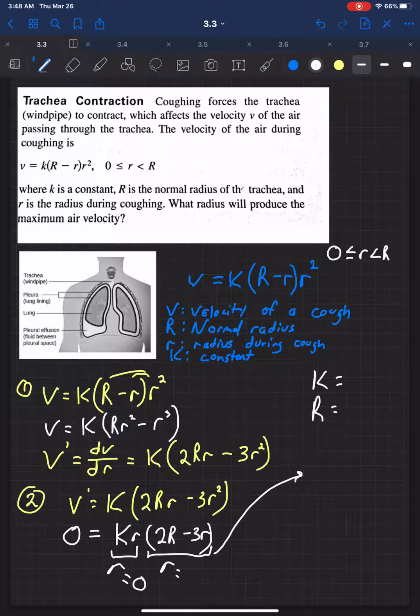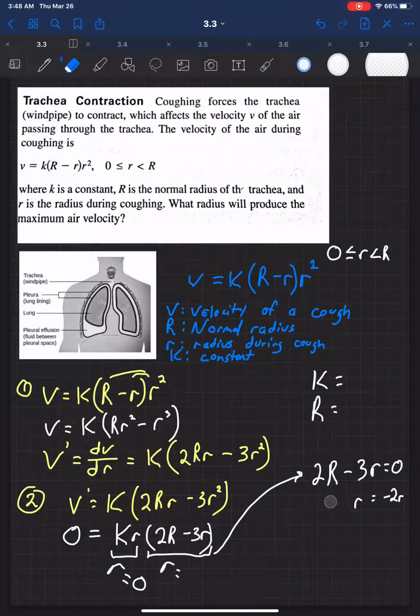Many of you can do that in your head, but I'm going to come off to the side and write 2 times big R minus 3 times little r. I'm going to set that equal to 0, and I'm going to solve for r. So that would be negative 3r is equal to negative 2R. Let me give myself a little bit of space here.